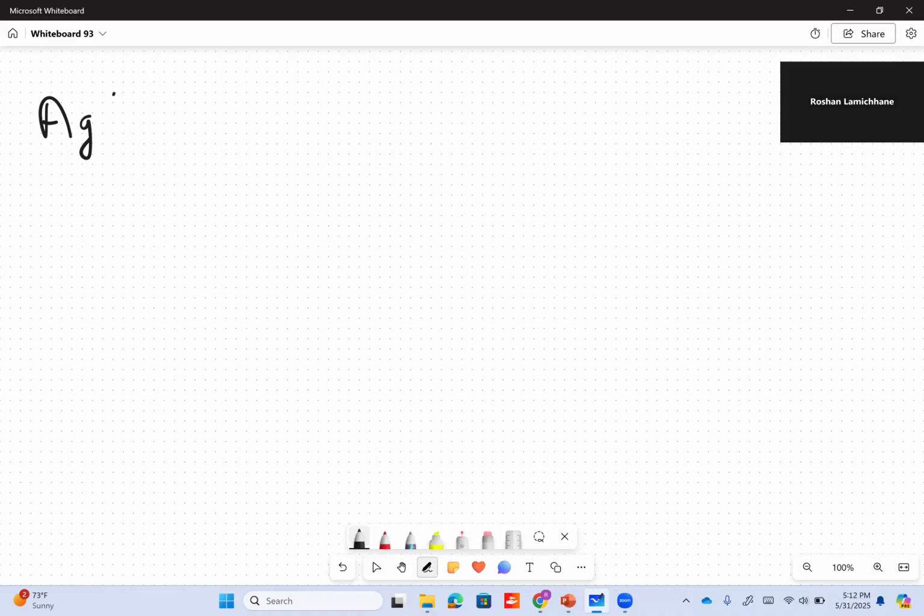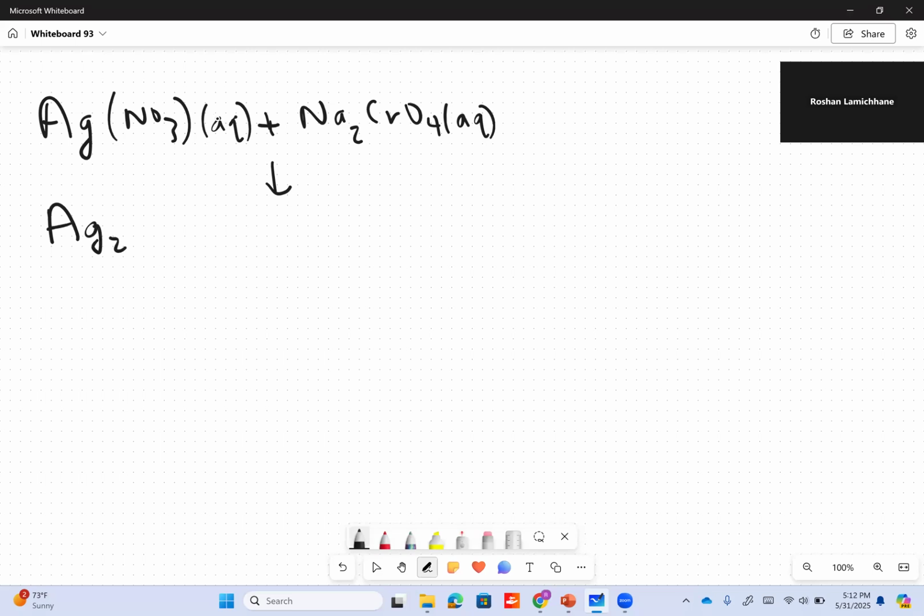If I have a soluble salt, again, I haven't balanced the reaction, so make sure you balance it. But here I'm just trying to show you why this is called a precipitation reaction.